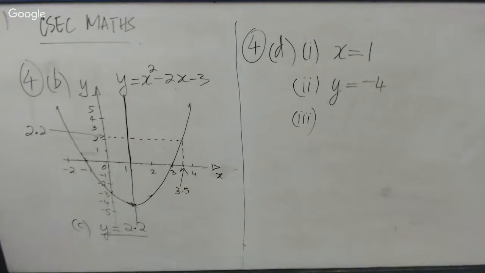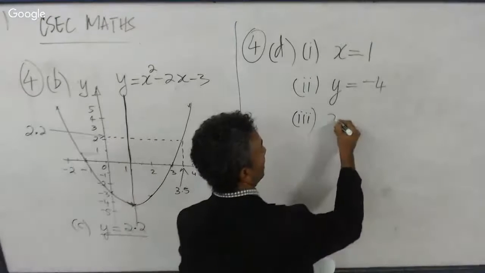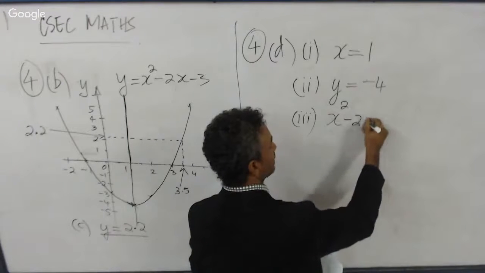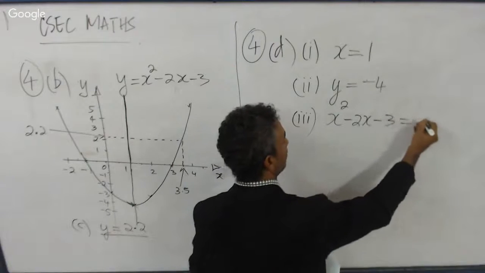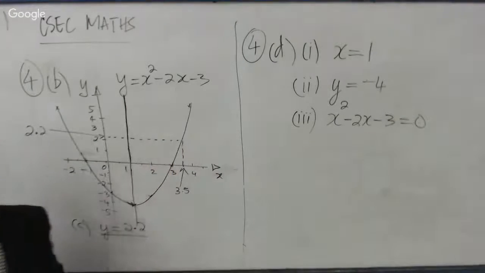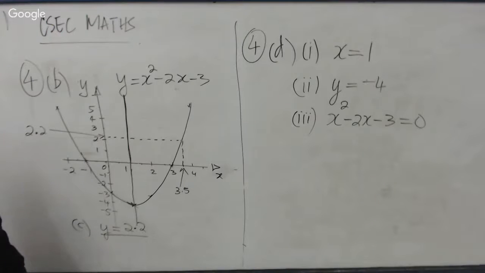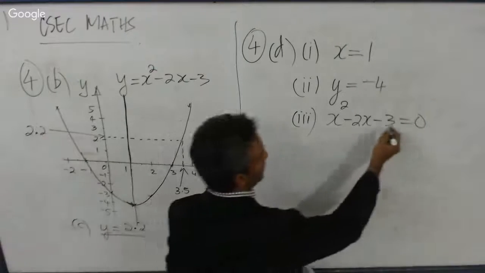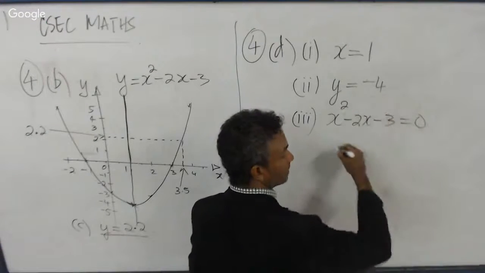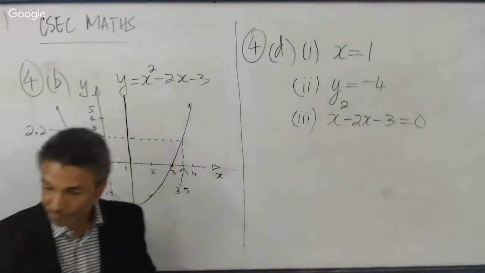state the values of the solutions of the equation, watch it, x squared minus 2x minus 3 equals 0. It's 1 mark. So this is no quadratic equation with formula or factorization. This is a graph. What they're asking is this: how do you solve this equation using a graph?